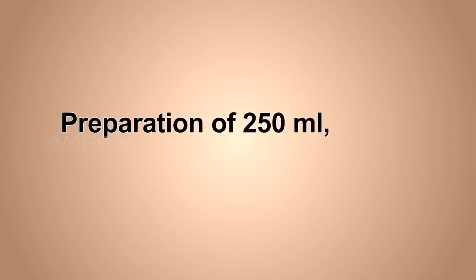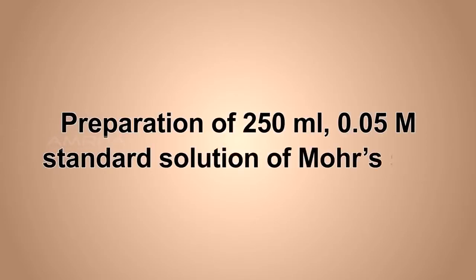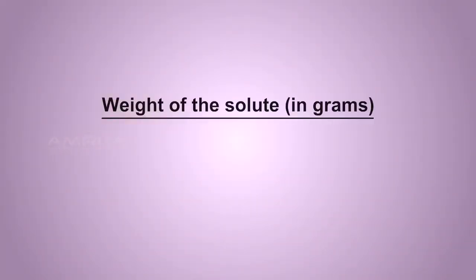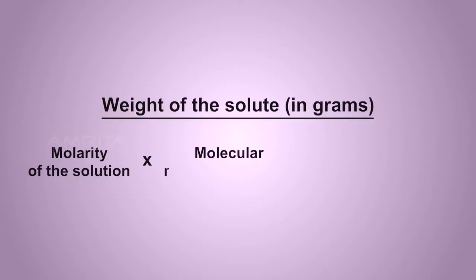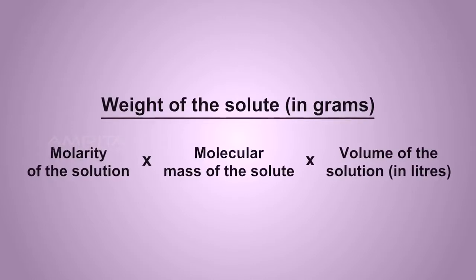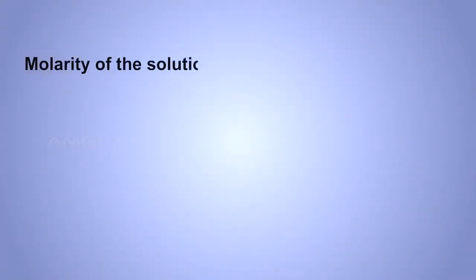Procedure: preparation of 250 ml 0.05 molar standard solution of Mohr salt. The weight of a solute required to prepare a standard solution is equal to molarity of the solution into molecular mass of the solute into volume of the solution in liters. Here, molarity of the solution is 0.05 molar.